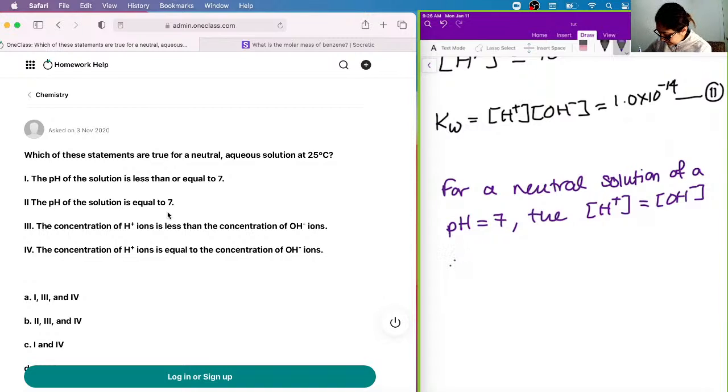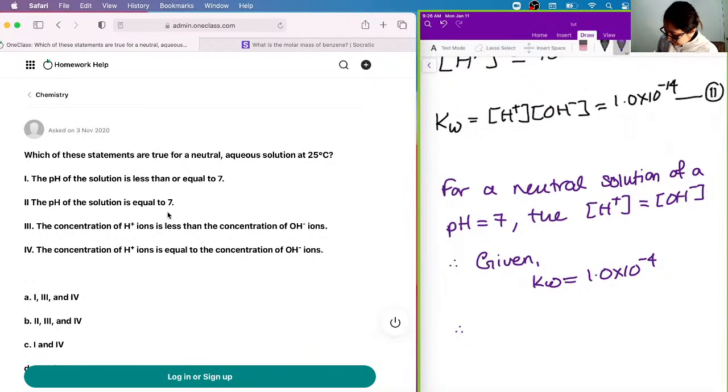So we can say, given that our Kw, which is equal to the concentration of hydrogen ions multiplied by the concentration of hydroxide ions, is equal to 1.0 times 10 to the negative 14, we can find the concentration of our hydrogen ions.